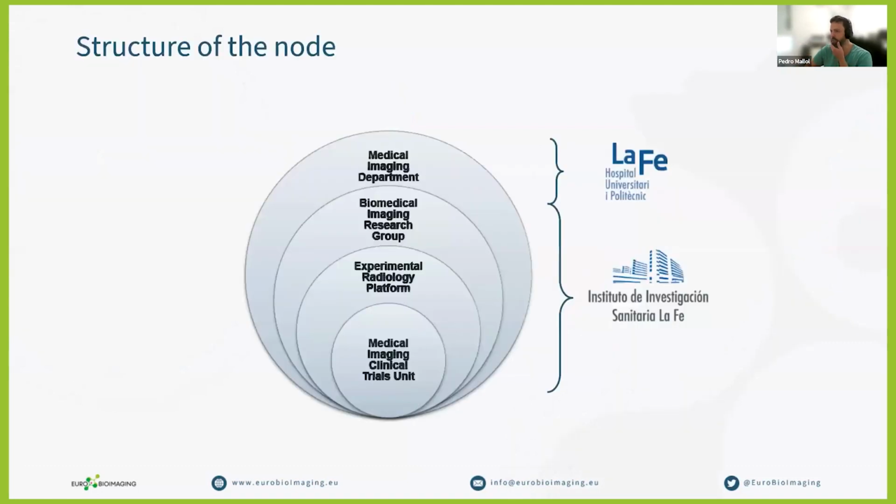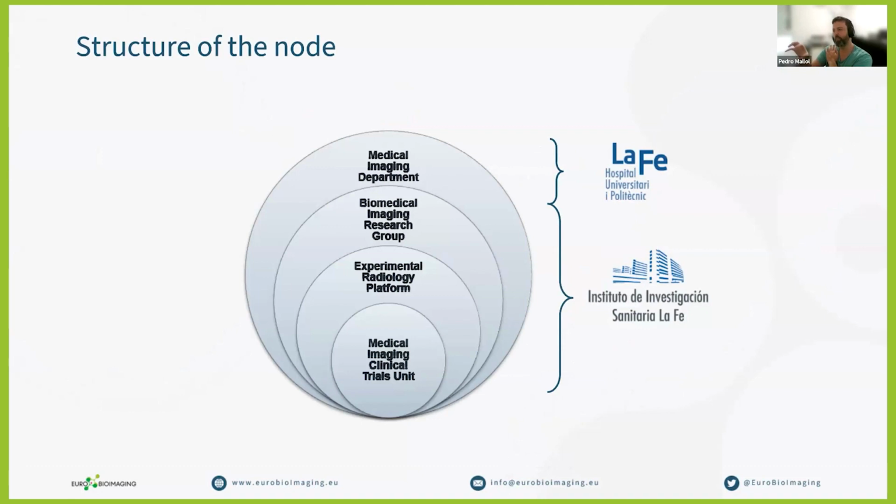First of all, I think it's important to mention the structure of the node, because we are a research group, but we are also very related with the hospital. We are the biomedical imaging research group, and within this group, we have the experimental radiology platform and the medical imaging clinical trials unit, which are part of the research institute.